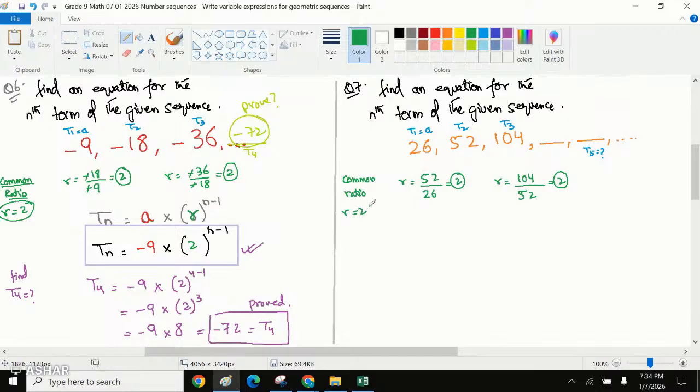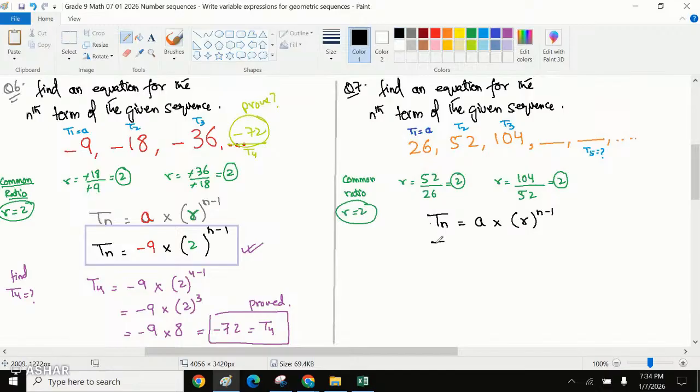We say the common ratio comes out to be 2. A is always the first term, right? Term 1 would always be represented by A, and the formula we have is Tn, the nth term, equals A multiplied by the ratio to the exponent n minus 1.